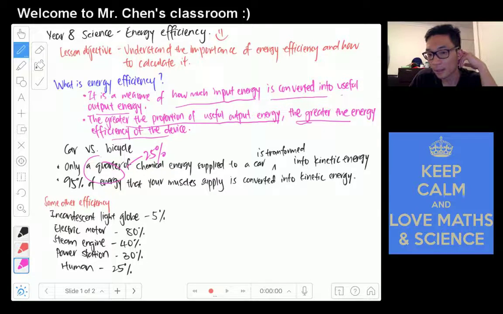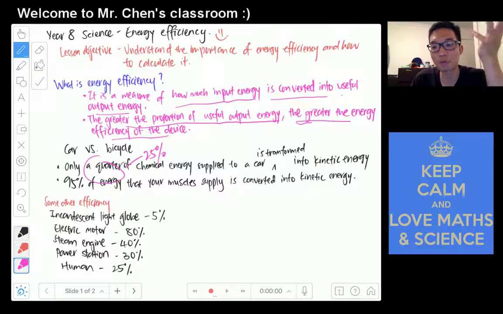However, restaurants use this to their advantage by warming up the food, keeping the food warm after they cook it. In that sense, we won't count that as wasted energy.